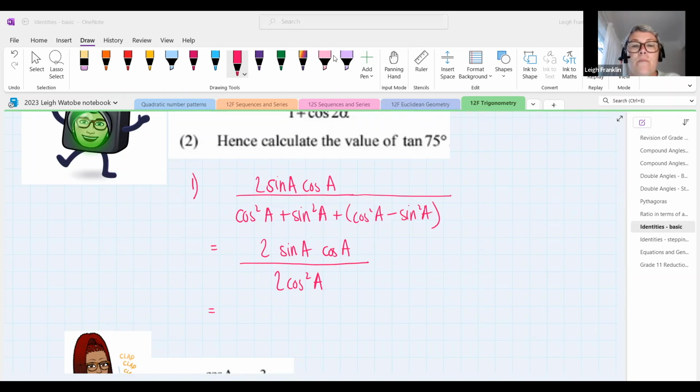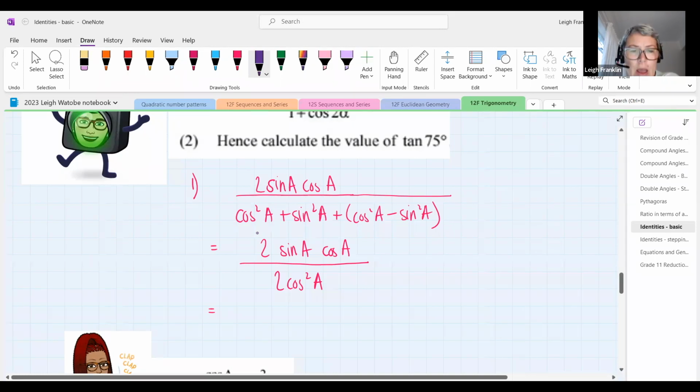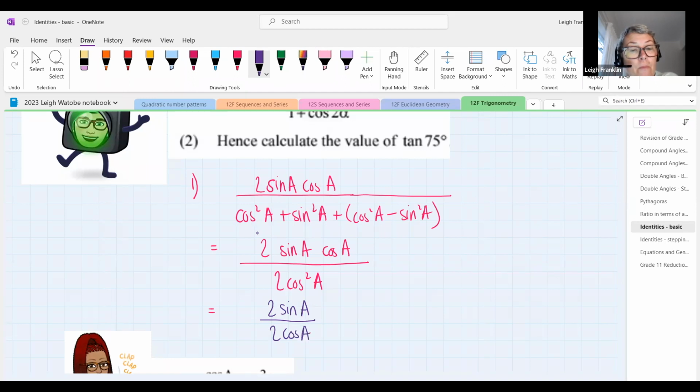Okay, 1 divided by 2 will cancel each other out. Then we have 2 sine A over cos A. Over 2 cos A. Yes, over 2 cos A. Absolutely.